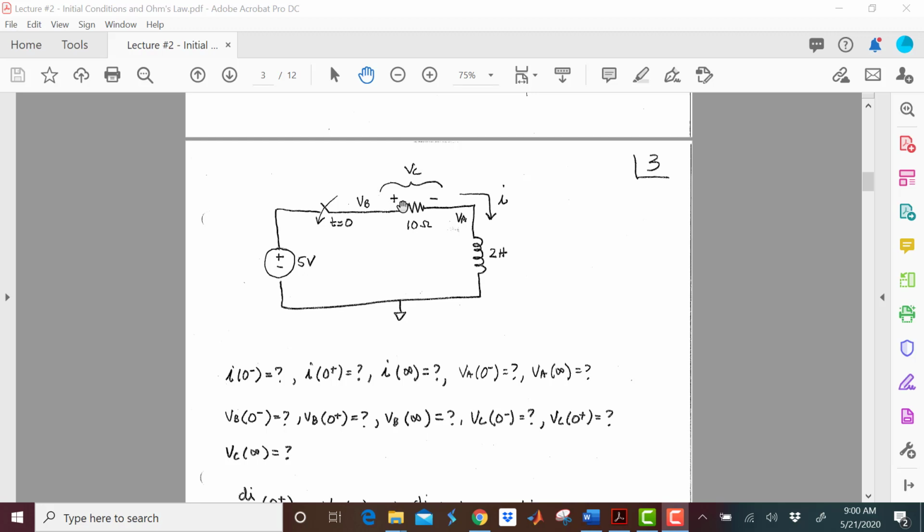So if I got 5 volts here, I got 5 volts here. So at t equals 0 plus, I got 5 volts right here. And I go back to my rules and I say, oh, I can change the voltage across the inductor instantaneously. So the voltage across the inductor jumped from 0 volts to 5 volts at t equals 0 plus.